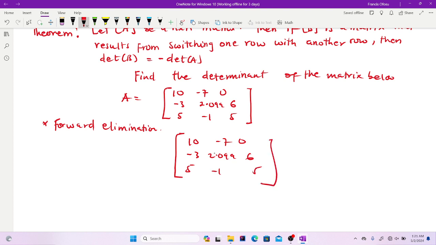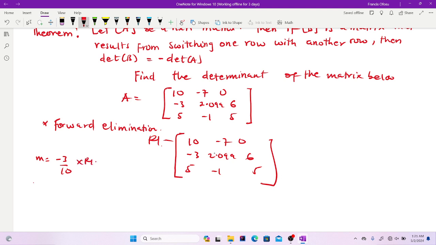So to do this, we need our first row operation. I want to eliminate negative 3, so my multiplier m is simply equal to negative 3 over 10, because this row 1 is always our pivot row, multiplying row 1.